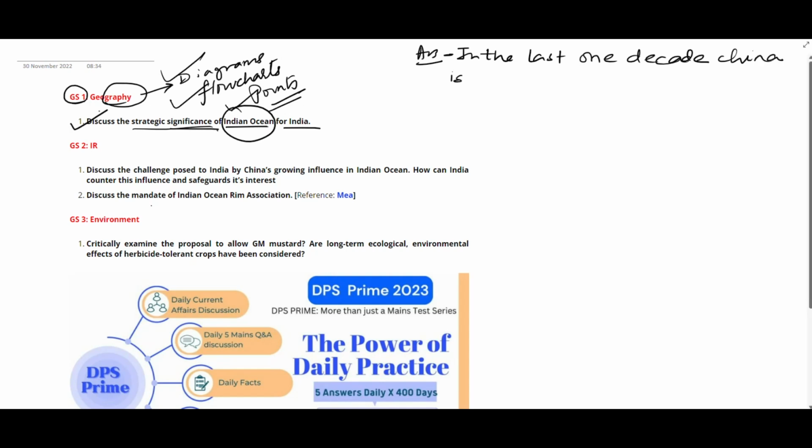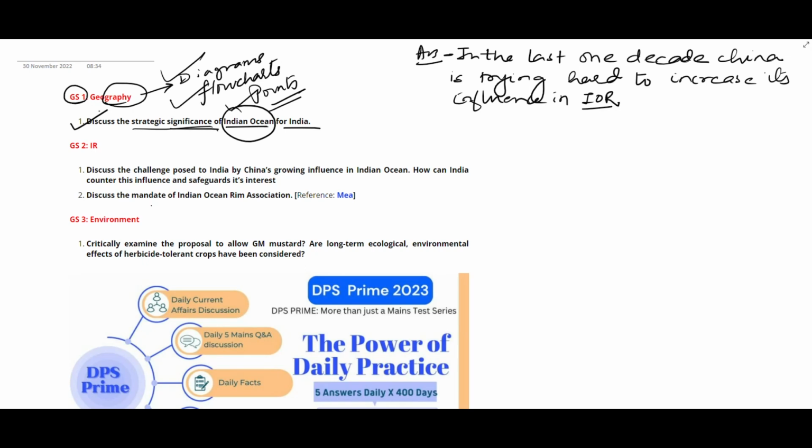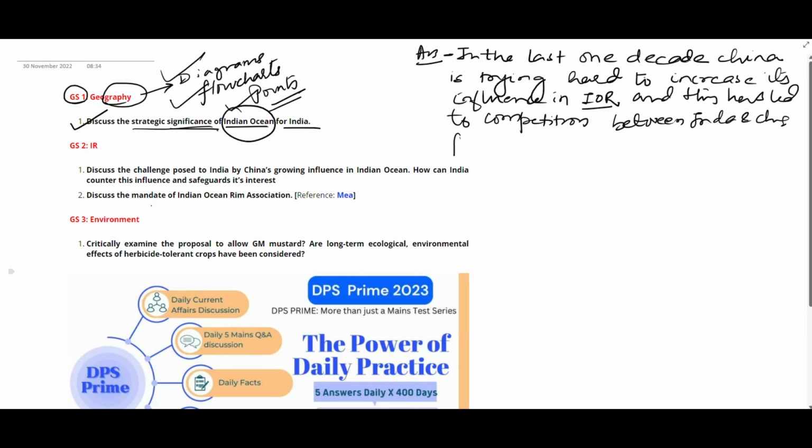China is trying hard to increase its influence in Indian Ocean region, and this has led to competition between India and China for the strategic space in IOR.